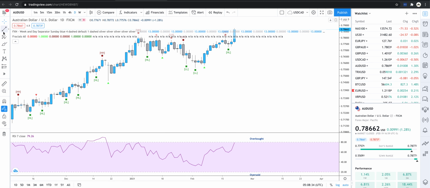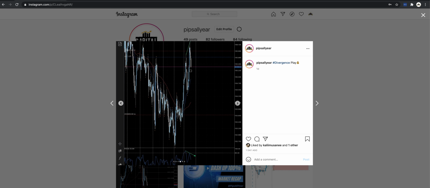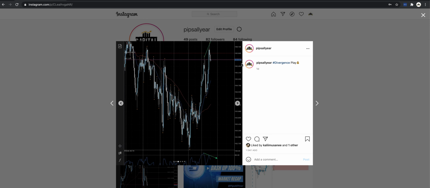The trade I caught was USD JPY. If you look down here at the RSI, I connected two higher high points.